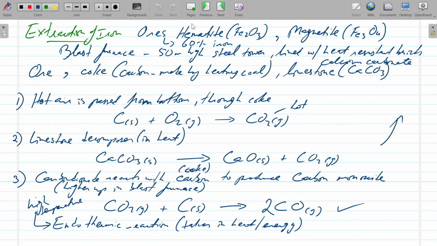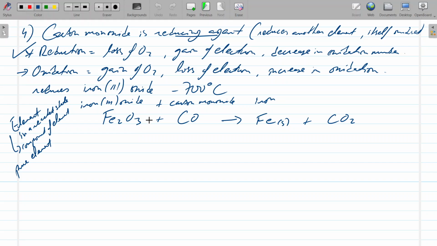In this case, all these reactions were just the setup to get carbon monoxide for this step. So it was preparation for this step. And in this step, you can see you are getting pure iron, only iron, no compound of iron metal. That is the extraction.